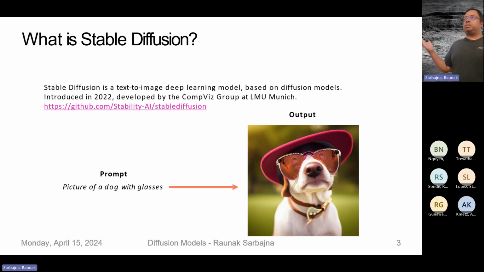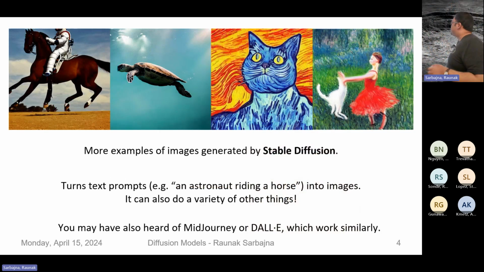It has 123 million parameters. A scaled down version of this can run on your laptop, but preferably if you can get time on the UH HPCs, you'll be able to create your own Stable Diffusion and train it on your own images, and so on and so forth. So, more examples of what Stable Diffusion looks like.